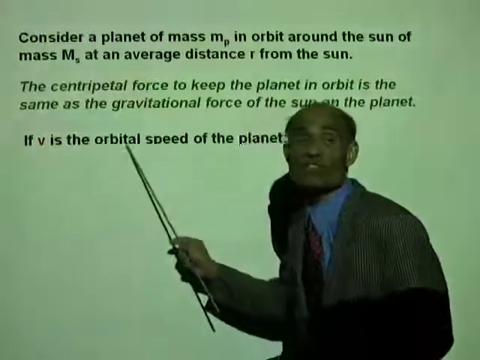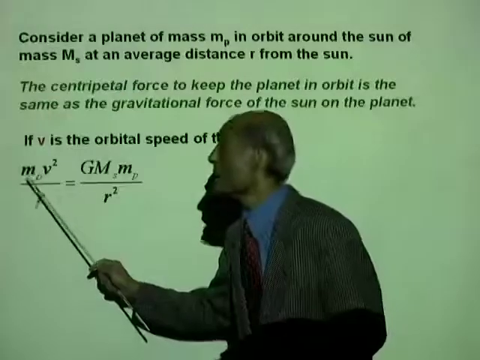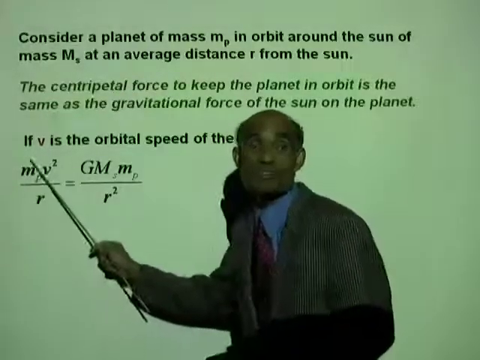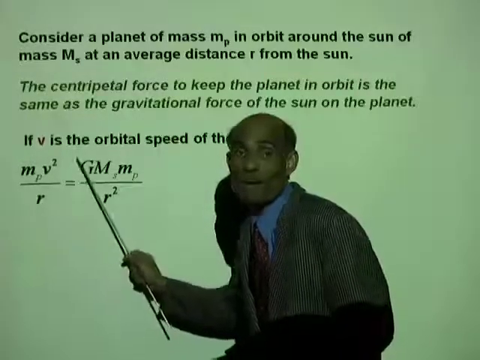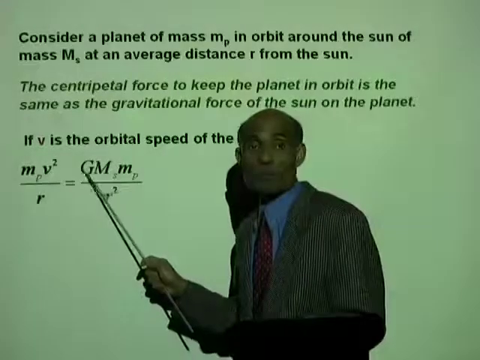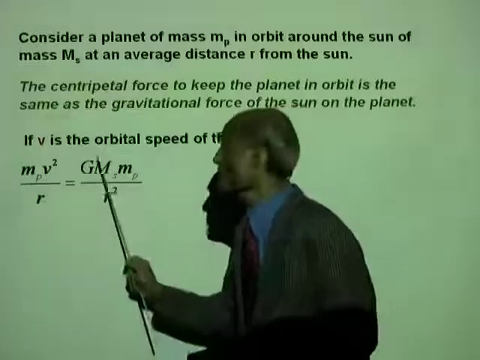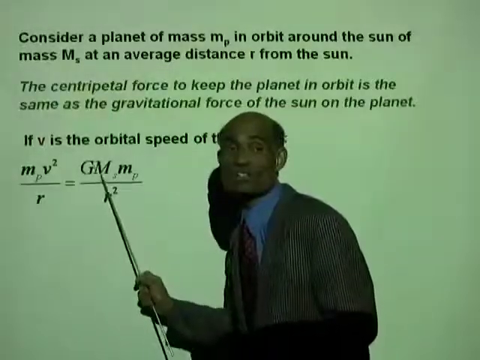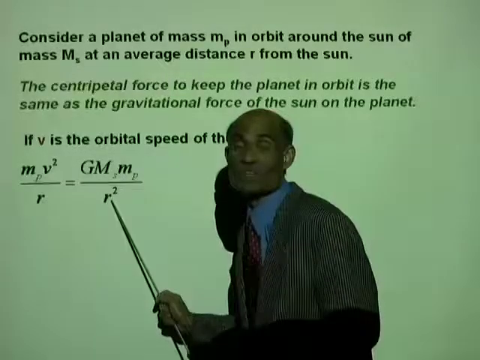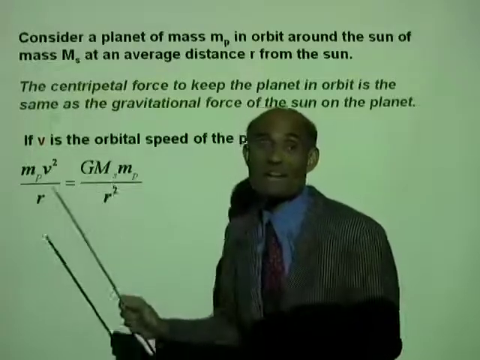If v is the orbital speed of the planet, then we have m v squared over r, which is the centripetal force. Centripetal force is provided by the gravitational force. This is the gravitational force: big G M s m p over r squared. The universal gravitational constant times the mass of the sun times the mass of the planet divided by the square of the average distance between the planet and the sun.